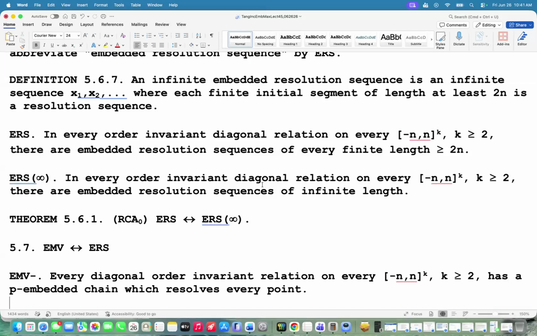However, it will be dense. This is the point: between any 2 points there will be a third. This allows me to go from ERS infinity to EMV. That's the point here.